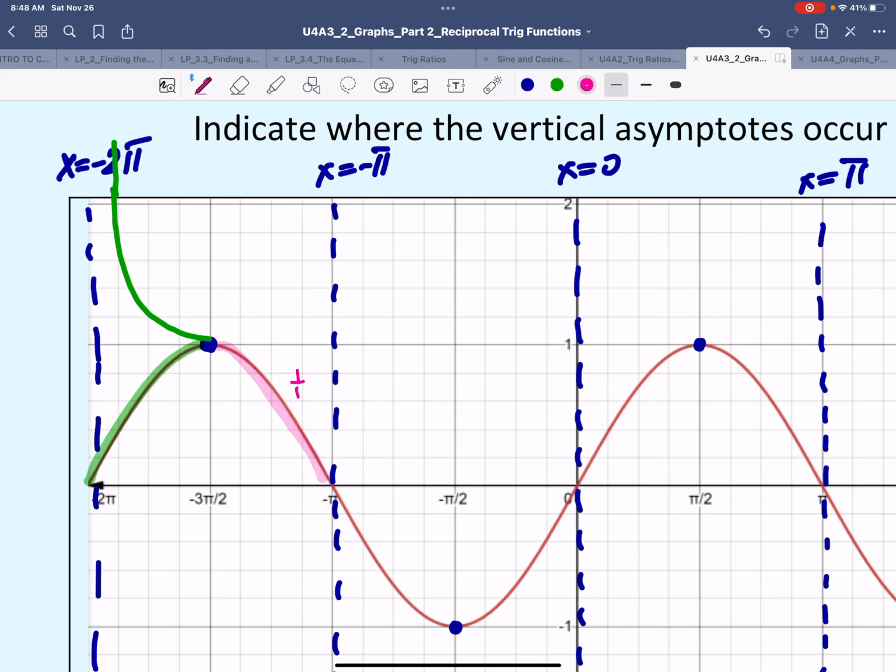So 1 over a decreasing value will produce an increasing value, right? As we explained before. So we are going to draw the graph of the reciprocal right here, starting from the point where the function hits 1, and then we'll continue all the way up.